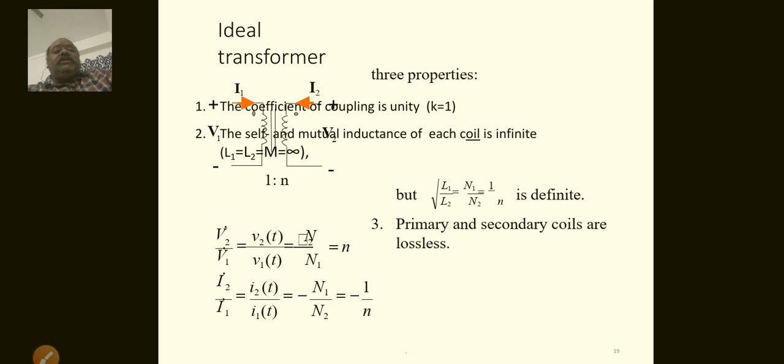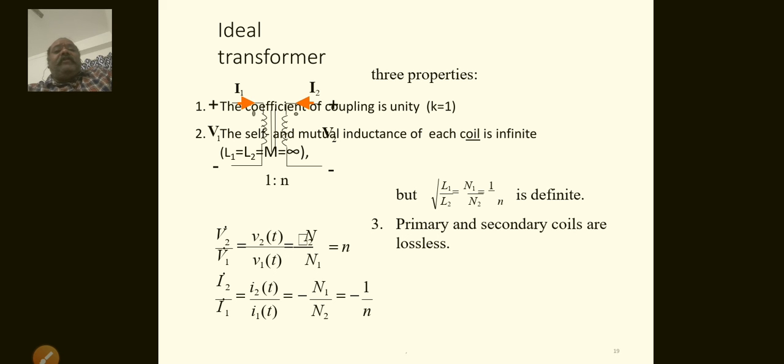Or you say that I1 by I2 equals V2 by V1. That is the actual relation for the transformer. N1 by N2 equals I1 by I2 equals V2 by V1, which is equal to L1 by L2. Okay. So therefore the primary and secondary coils are lossless, both coils.